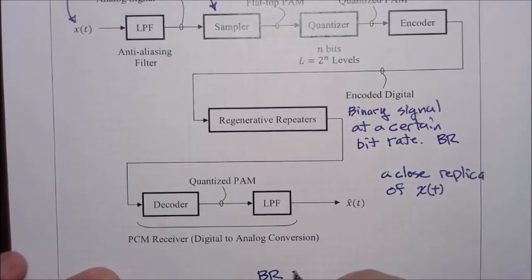The bit rate is equal to the sampling rate times the number of bits per sample.